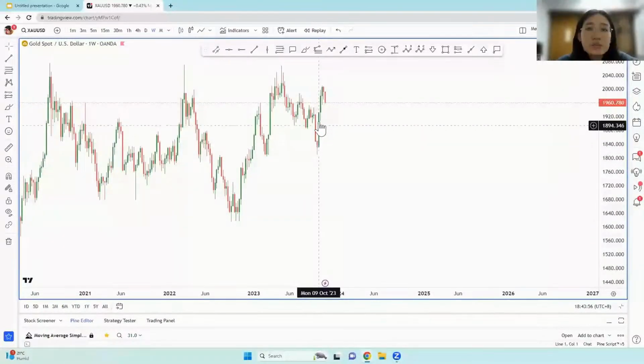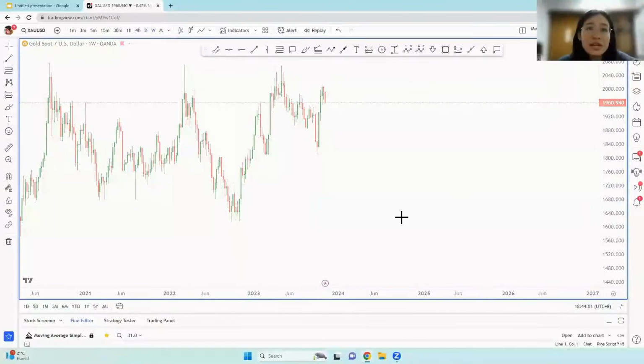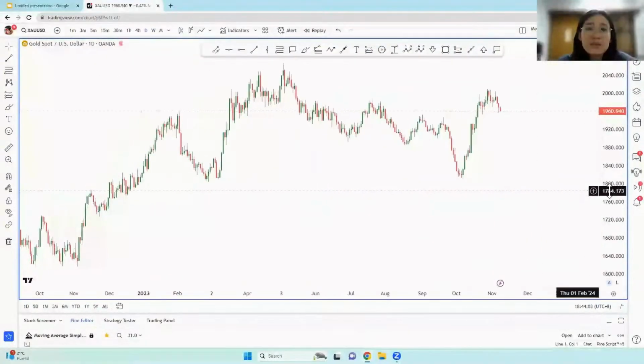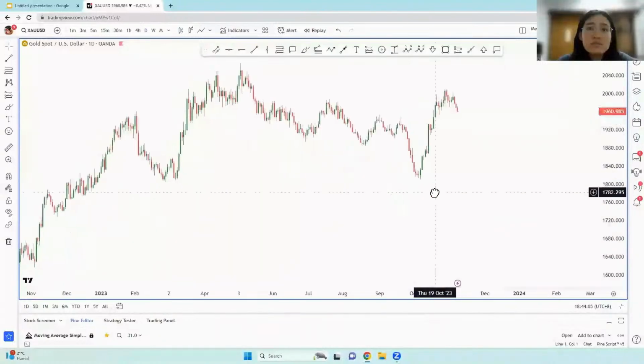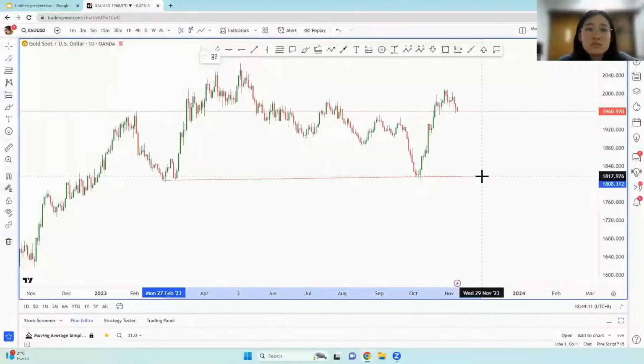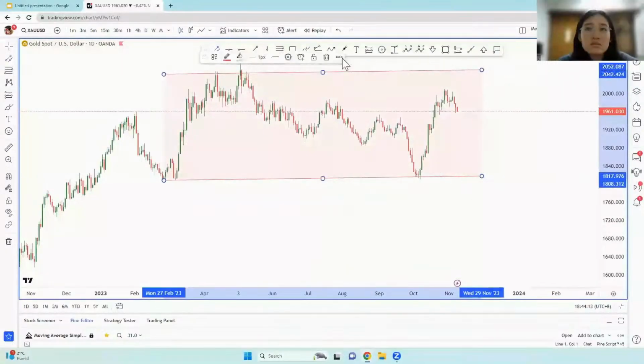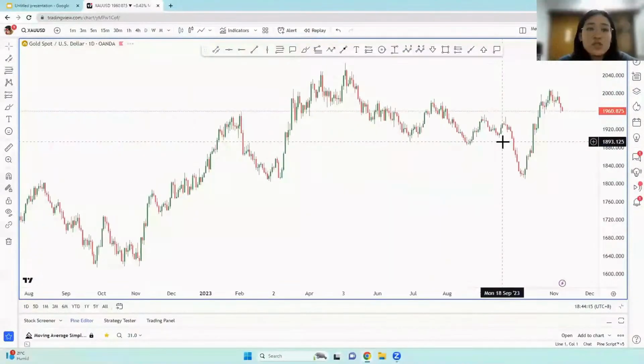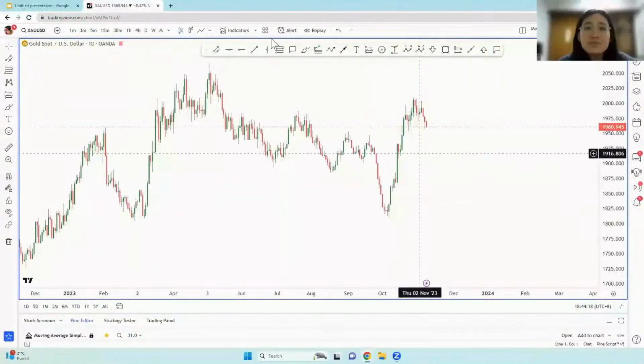You can see there is an uptrend here, but it looks like there has been a recent reversal. If we look at our daily time frame, we don't have any trend lines or trend channels here.